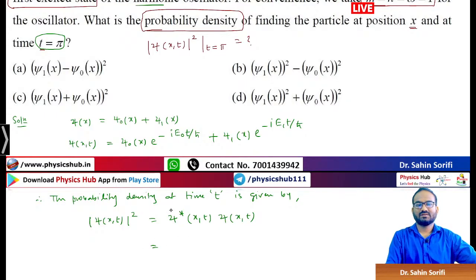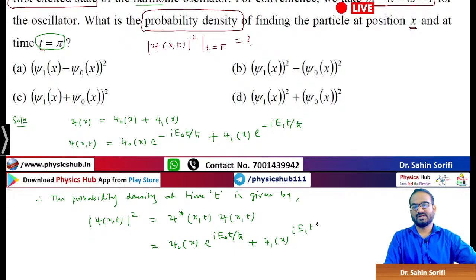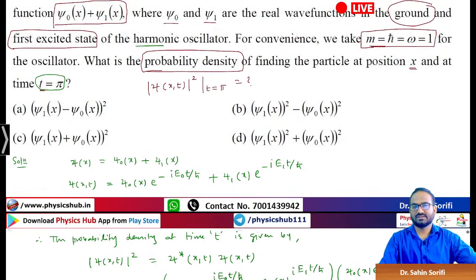So psi star is psi 0 of x e to the power i E0 t by h cut. Psi star means just replacing i with minus i. Wherever you see i, you just replace it with minus i. So this is psi star, and psi is psi 0 e to the power minus i E0 t by h cut plus psi 1 e to the power minus i E1 t by h cut.